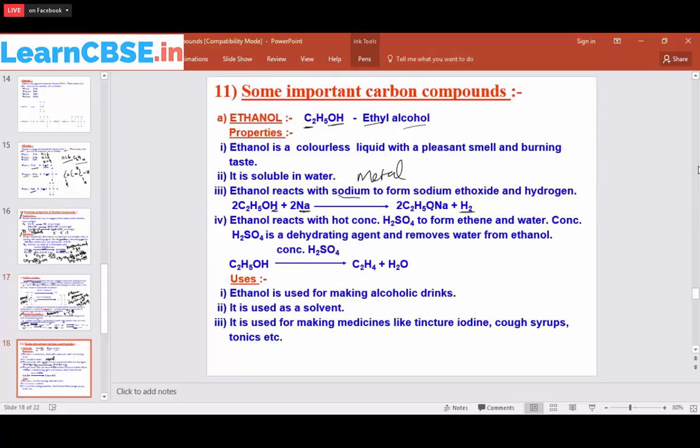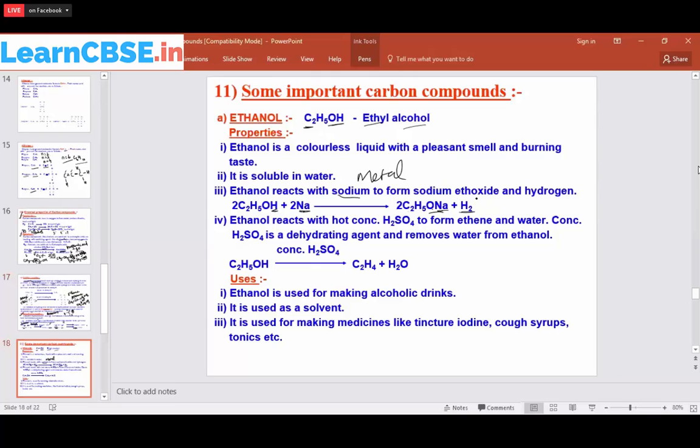How to name this compound? Sodium atom is present, so sodium. This is the eth, as there are two carbon atoms present, and oxygen is present, so oxide, sodium ethoxide. How will you confirm that the reaction is going on?